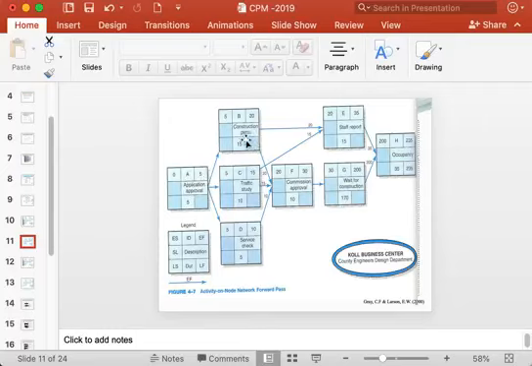Okay, so that is why B can start only after 5 days, because B is preceded by A. Again, C can start only after 5 days after completing activity A, because C is also preceded by activity A, and D is also preceded by activity A, and D also must wait for activity A to be completed, which will take 5 days, and after 5 days only D can start.